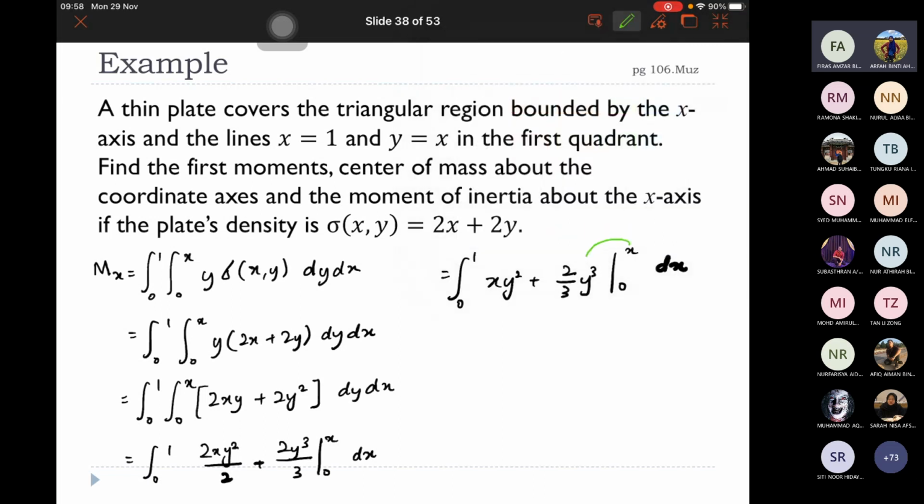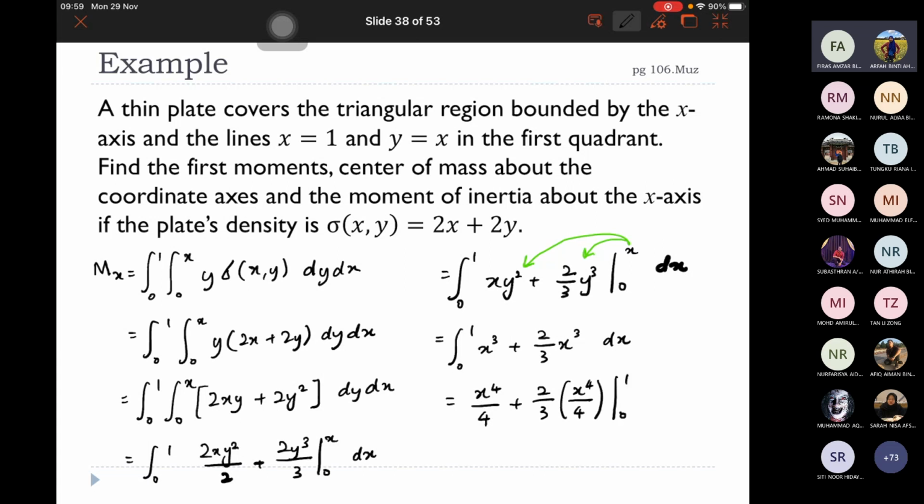Akan dapat sama dengan 0 sampai 1, x kuasa 3 tambah 2 per 3 x kuasa 3 dx. So, integrate terhadap x, awak dapat x kuasa 4 per 4 tambah 2 per 3 darab x kuasa 4 per 4, 0 and 1. So, dapat jawapan akhir 5 per 12.